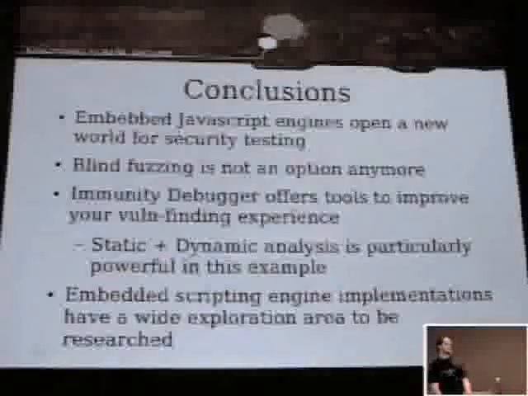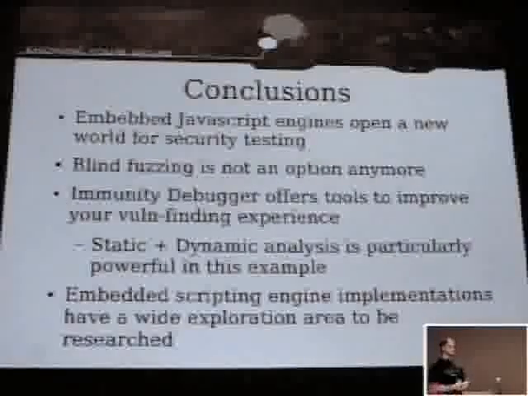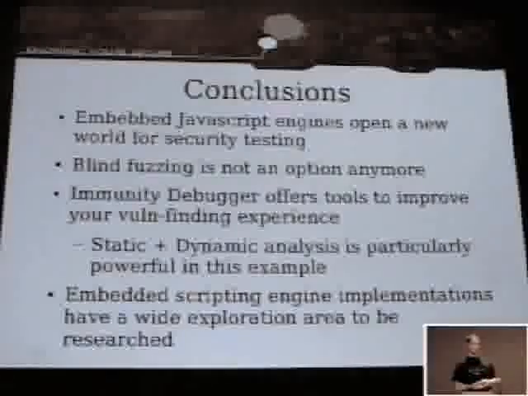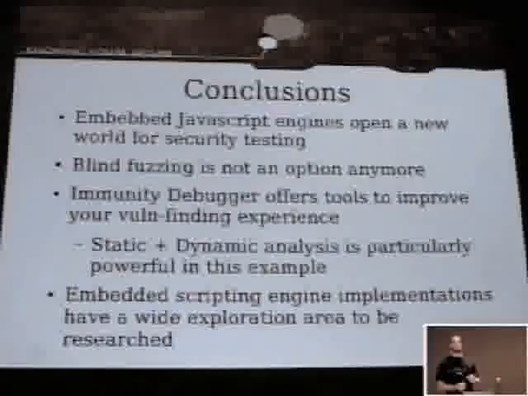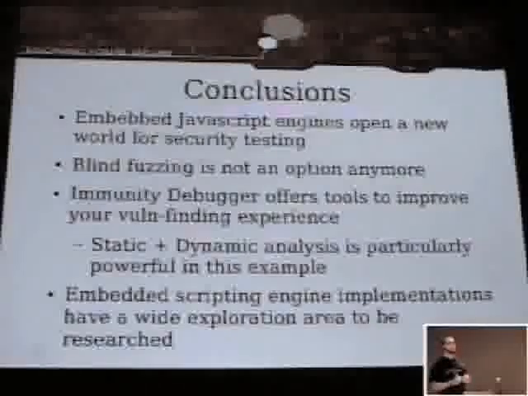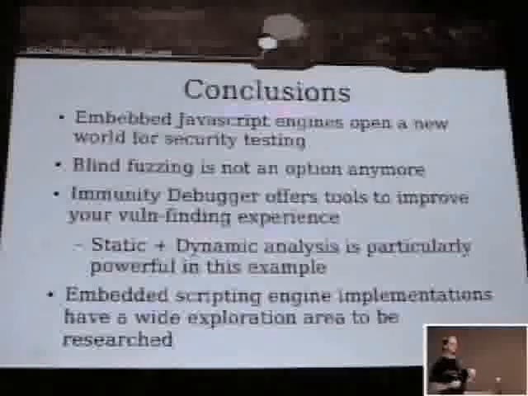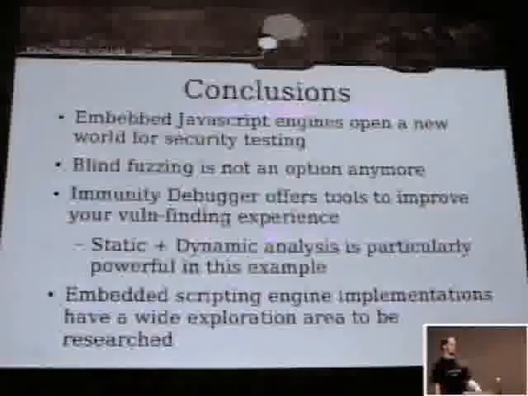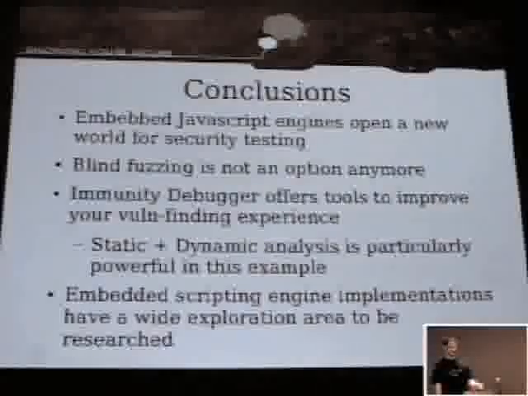Some conclusions. Embedded JavaScript engines are still very fertile ground. The data flow is really painful to follow, so there are not many useful tools, and not much work done in this area. And blind fuzzing is not an option, because the vendor itself is using this kind of fuzzing.